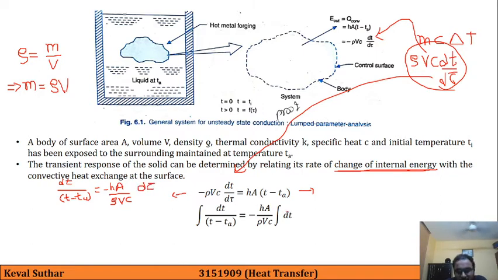There is a typing mistake here, so this is tau. I will edit this. This is d tau. So we have integrated these terms, and the integration provides us ln(T minus Ta) equal to minus hA over rho Vc times tau plus C1, where C1 is the constant of integration.